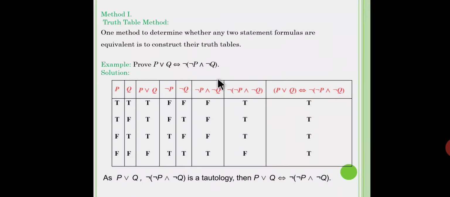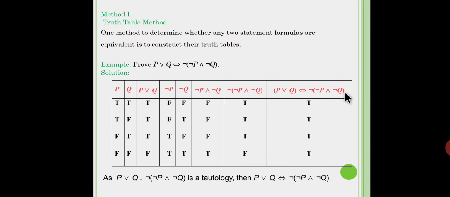Now the negation of ¬P ∧ ¬Q. What is the negation of this compound statement? It is the opposite of the ¬P ∧ ¬Q values. So where the truth value is false it becomes true: true, true, true, false. Here we observe that the LHS P ∨ Q has truth values true, true, true, false, and the RHS has truth values true, true, true, false.